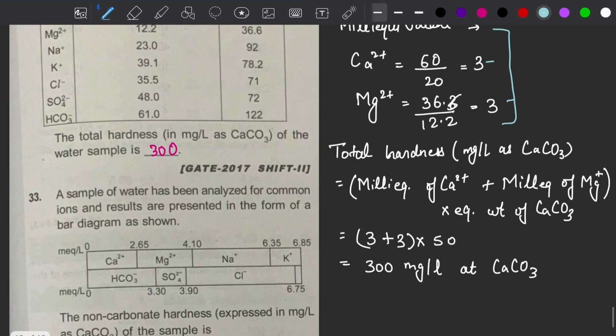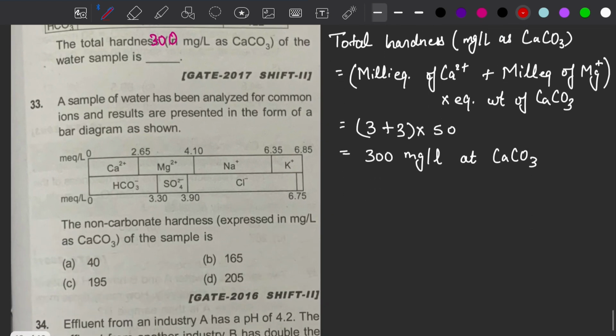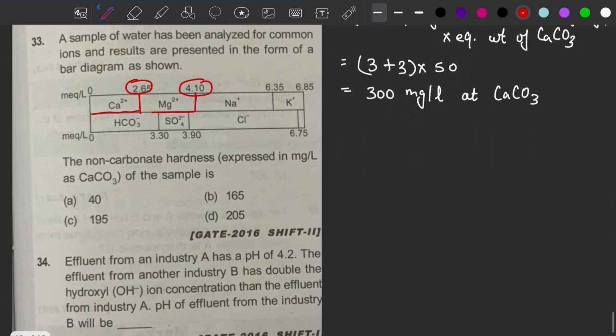Here they have already given milliequivalent per liter: 2.65 is the calcium milliequivalent, and for magnesium it is 4.1 minus 2.65. Now I need to calculate the non-carbonate hardness in this question. In the previous question we calculated total hardness, now we have to calculate non-carbonate hardness.